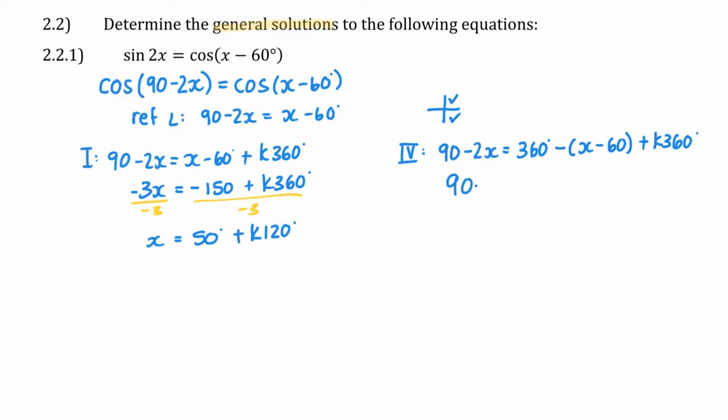Let's first sort out that bracket. So I get 360 degrees minus x plus 60 plus my repeat of 360. And let's bring my x's to the left.